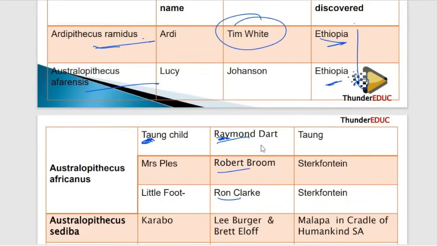So now you know it, and the rest you can know. Ron Clark, Little Foot. And then Mrs. Ples, actually it's called Mr. Ples, but I don't know if they credit it if you say Mr. Ples.